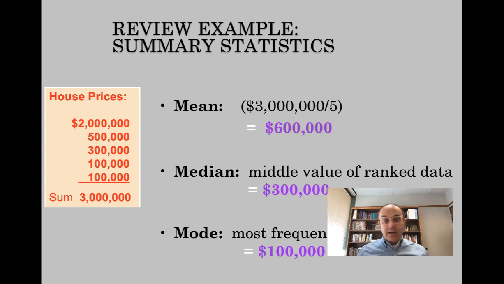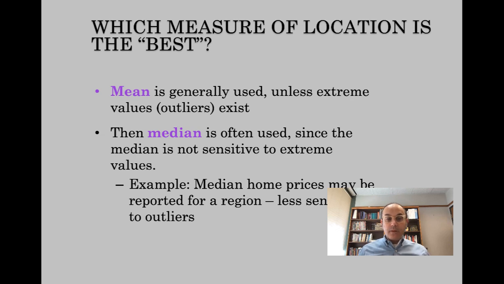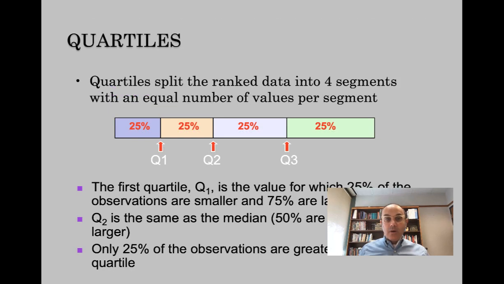If we calculate the median, the number will be in the middle, and the mode is the last two houses that have the same price. So the mean is generally most used unless there are extreme values. The median is used since it's not sensitive to extreme houses.